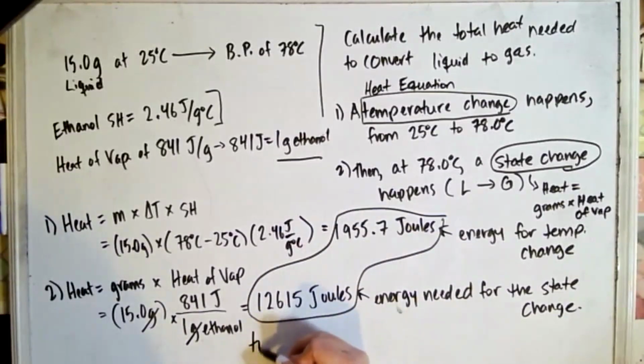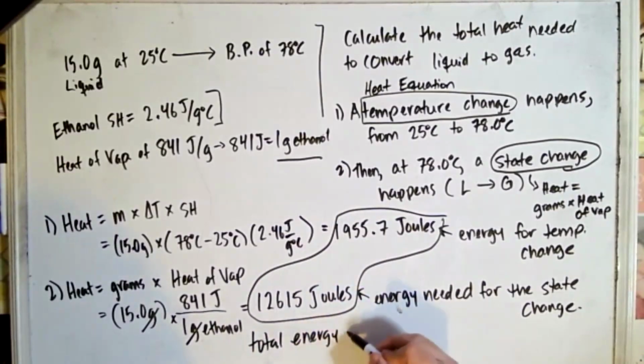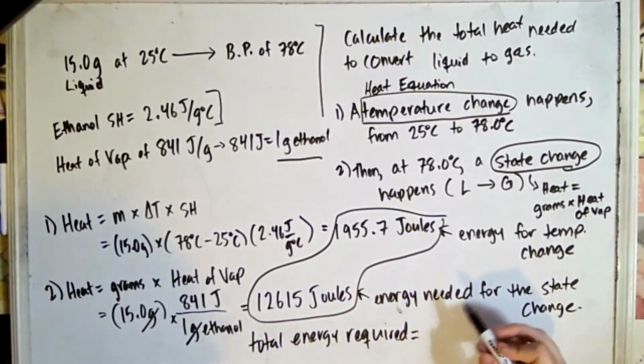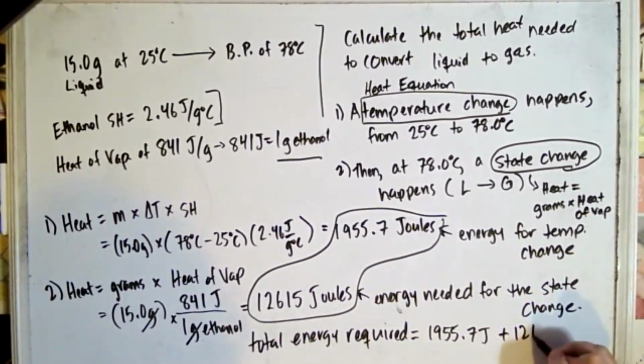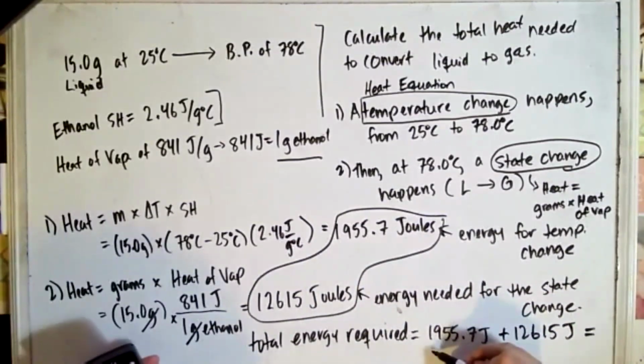So our total energy required is going to be 1955.7 joules plus 12,615 joules.